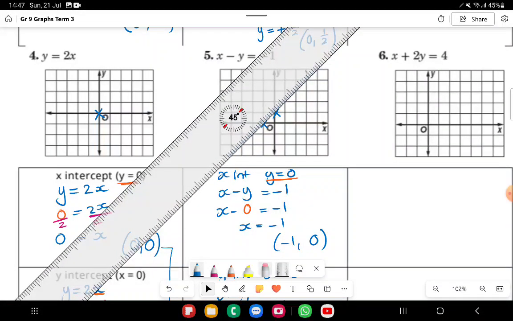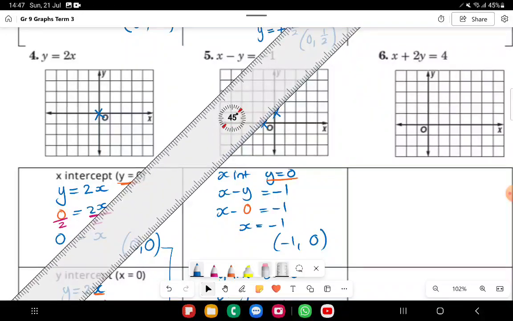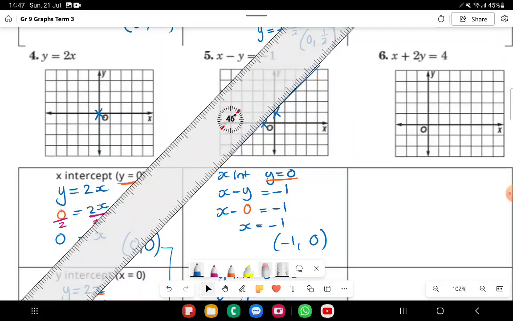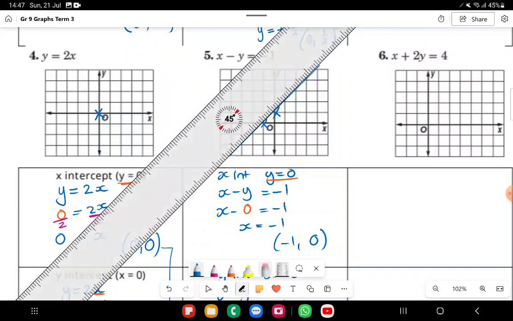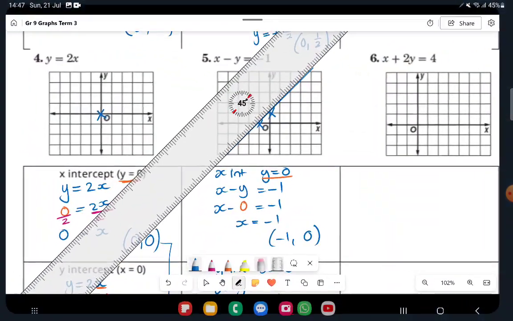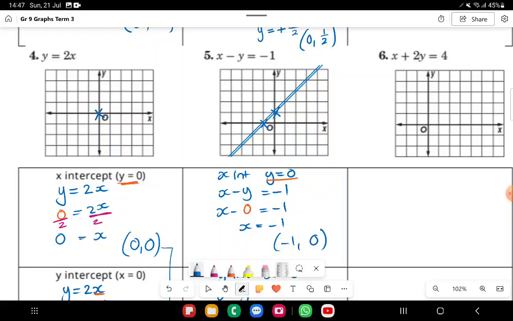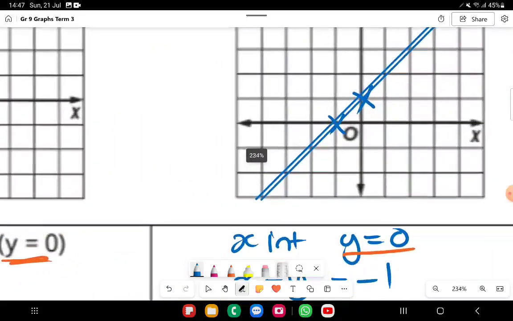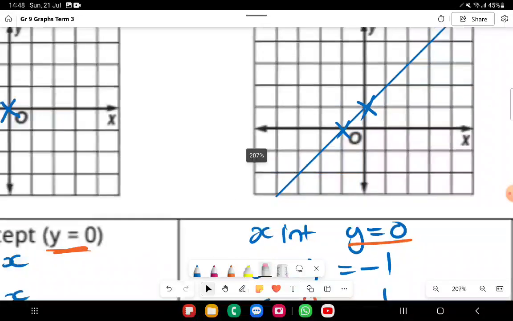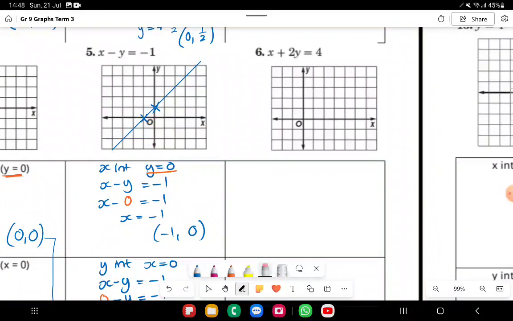So I'm going to stick to this, just off. Okay, remove the ruler, and then I am going to remove that line. Okay, next question.